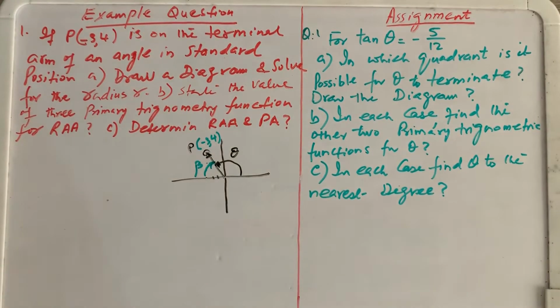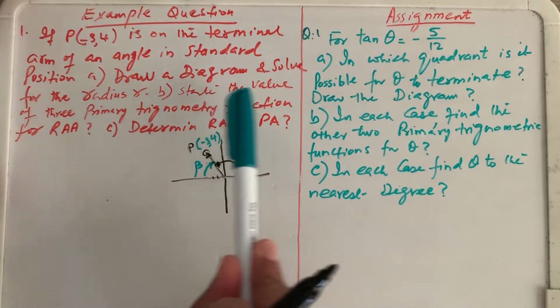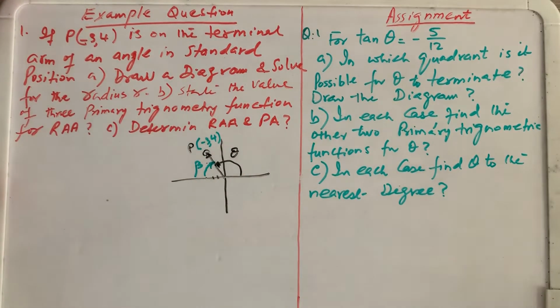So now I know I have to find my theta, and I have to find all the related trigonometric functions. State the value of the three primary trigonometric functions for RAA. First we have to find out what r is. So let's start.